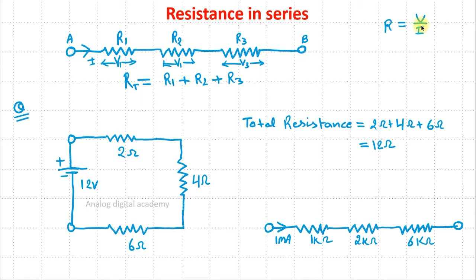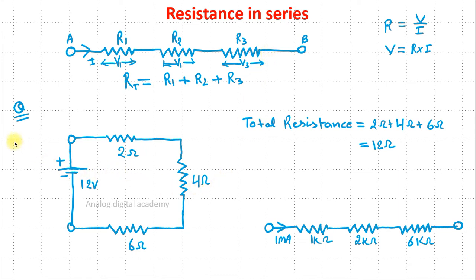According to this formula, V equals R into I. When you multiply the resistance with the current flowing through this resistance, you will get the voltage across it. So these are the rules of series combination, and as per Ohm's law, this formula is very much used in this type of circuit, series and parallel circuits.